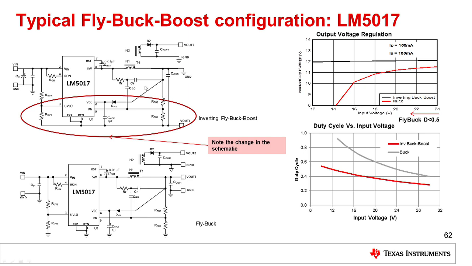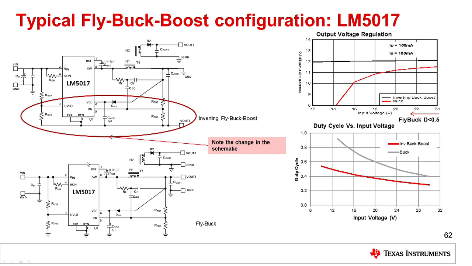So essentially we see here on the top a Flybuck boost and on the bottom a Flybuck using the LM5017. It's easy to see that this stage here, the LM5017 stage, is nothing more than the same inverting buck boost that we saw previously, and here we've replaced the inductor with a transformer to get our secondary output. In this case, we'll have our negative output coming at this node, and this node can be used either as a positive or a negative output.